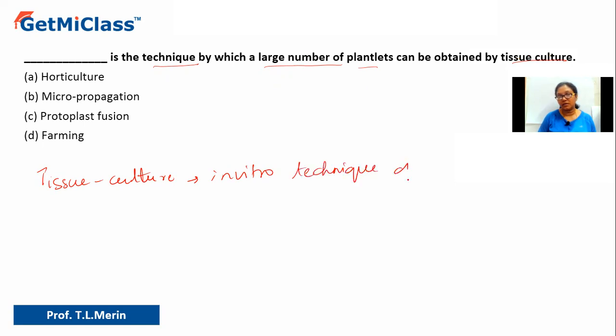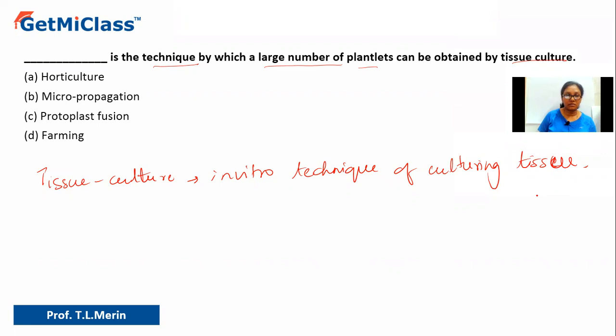An in vitro technique of culturing tissues. When we say culturing tissues, here what we do is take the tissue of the plant, which we consider as an explant. It can be a piece of tissue, or even a single cell. You can take the cell and culture it.